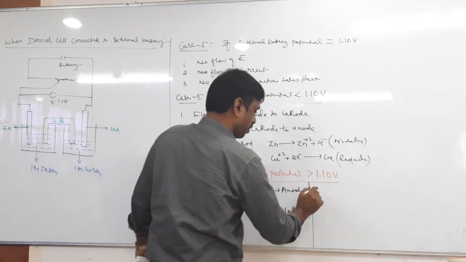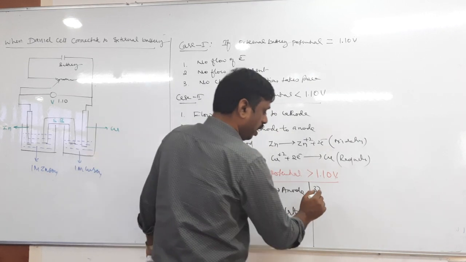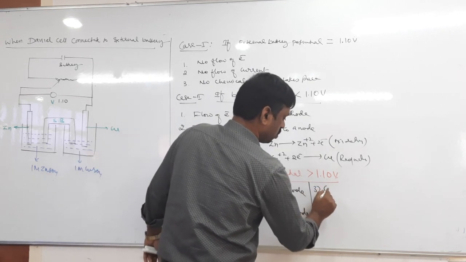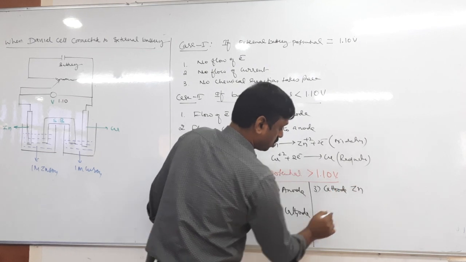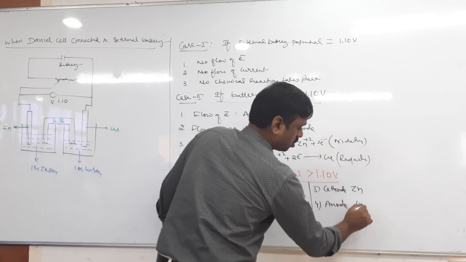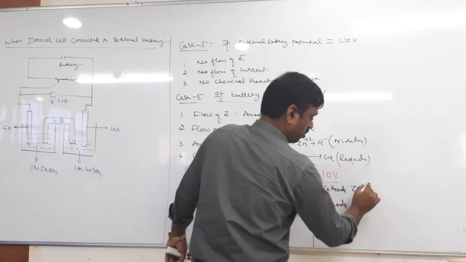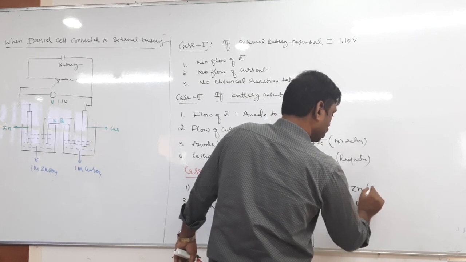Next, third one, zinc was the anode, it becomes now the cathode. Cathode is zinc rod, anode is copper rod. So therefore, what is the reaction? Cathode zinc, reduction.